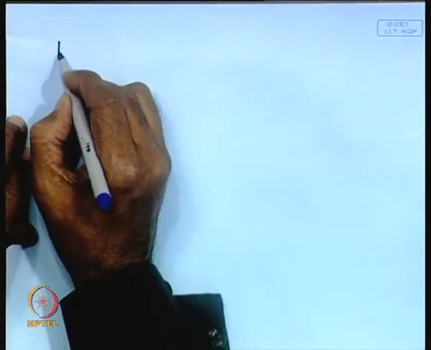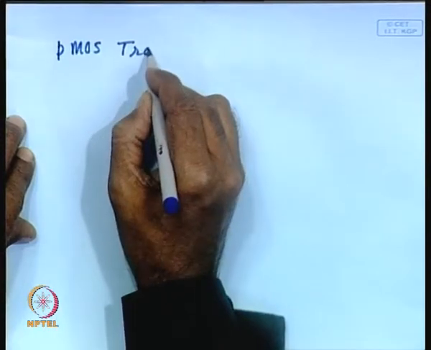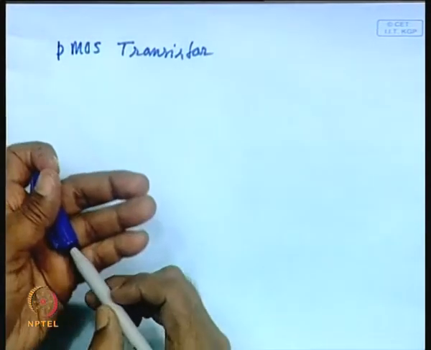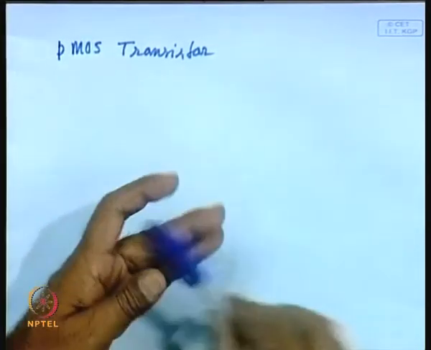What about the p type transistors? Actually, that can be drawn, say PMOS transistors. We shall not derive expression for that, I shall simply show you the characteristic curve, how it will look like.